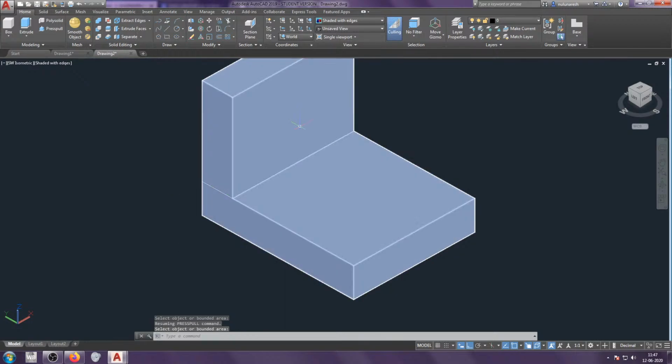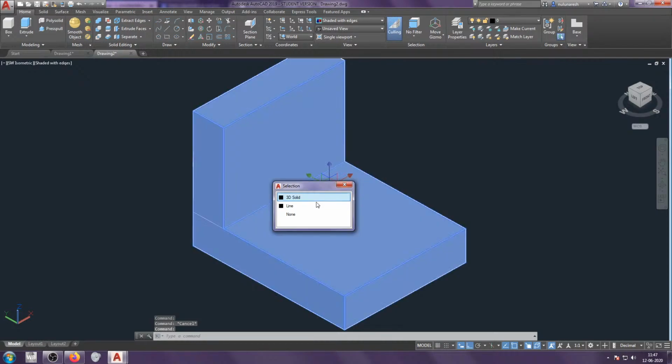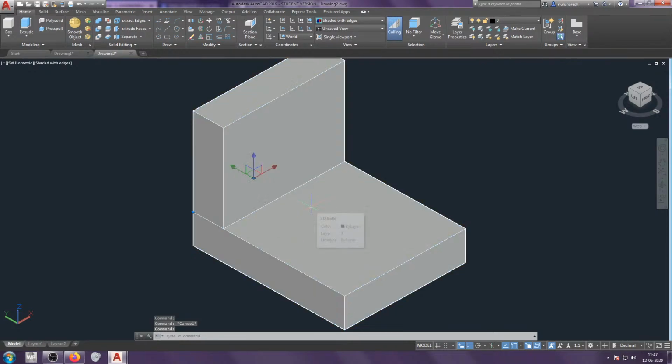So how do I actually make these two as one? We have an option which is nothing but union, solid union. Either you can use that. I think I might have already done that. Yeah, no need to, because I have taken this.